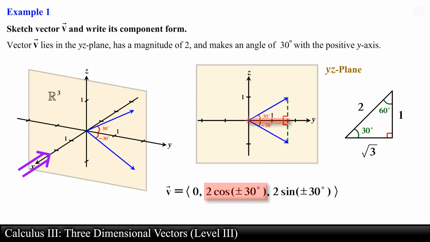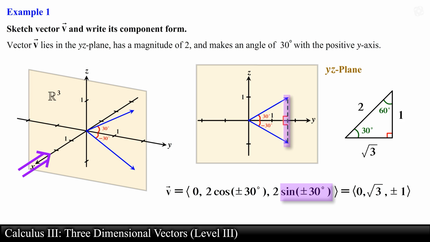Now, for the y component, cosine of positive 30 degrees and cosine of negative 30 degrees yield the same value, and when multiplied by the magnitude, it would reduce to the square root of 3. But for the z component, sine of 30 degrees and sine of negative 30 degrees yield different answers that differ only by a negative sign.